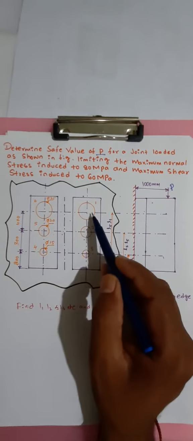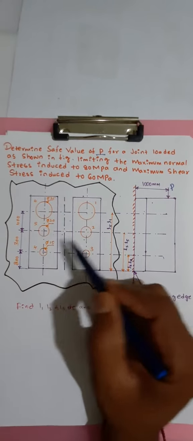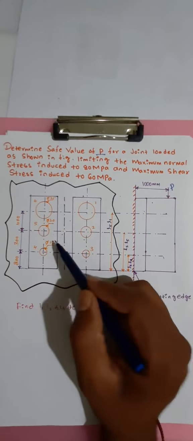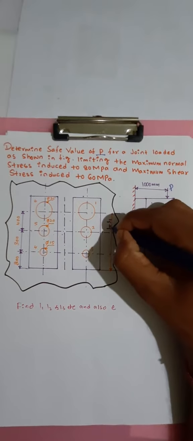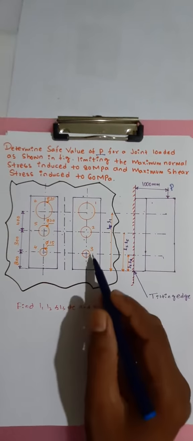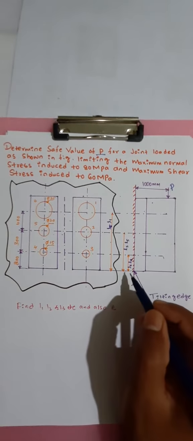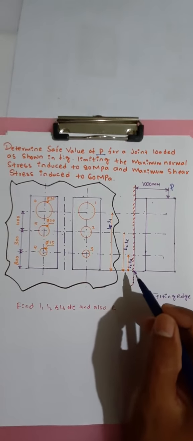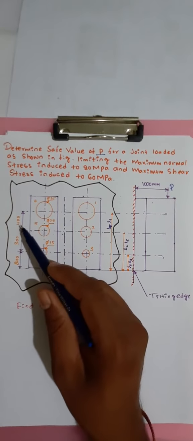So L1 is equal to L6. Rivets number 2 and 5 are both on the same axis, so L5 is equal to L2. Next we have rivets number 3 and 4, so L3 is equal to L4. If you find L1, then the same value holds for L6. You can see here the distance: 200 mm plus 300 mm plus 400 mm.